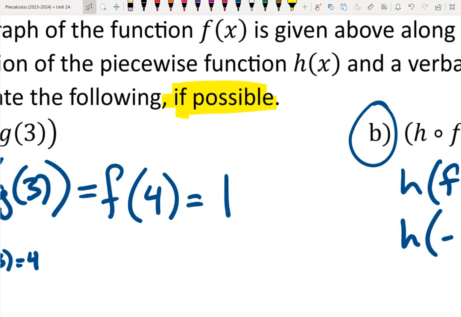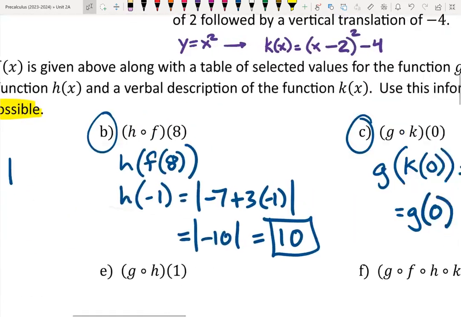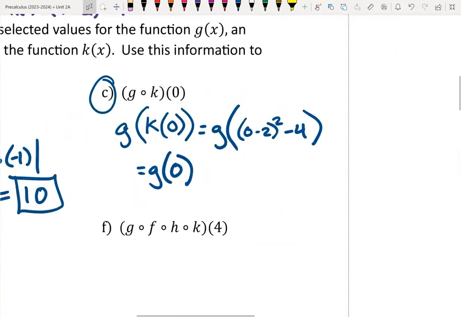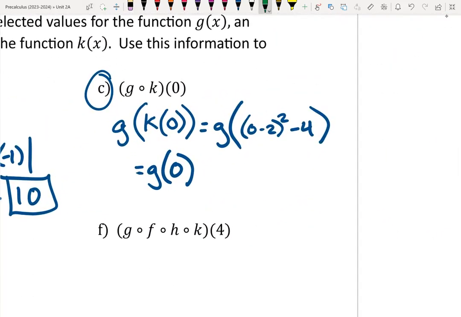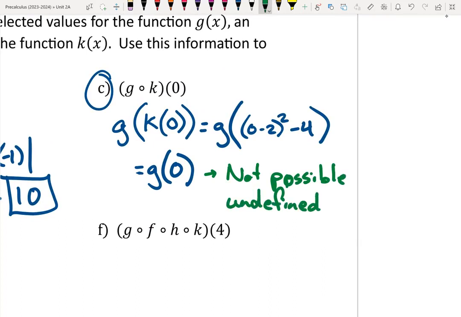So is this one possible with the information given? No. So this one we'd have to say this is undefined. It's not possible. It's not within the defined domain of G.